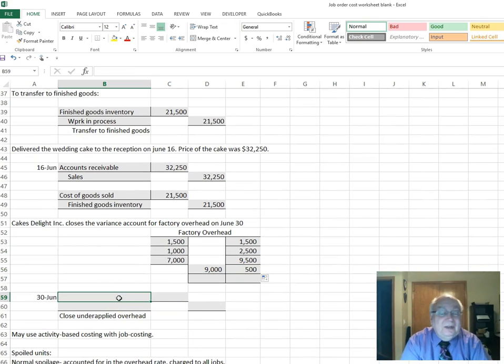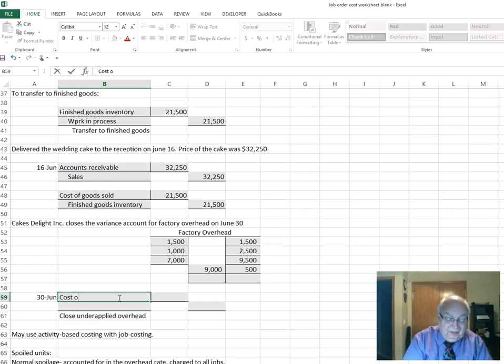Okay, so this is what we call over-applied or under-applied. It's under-applied overhead because our debits are greater than our credits, which means we need to credit the factory overhead account. So to close it out, you debit cost of goods sold for $500, and you credit factory overhead for $500.